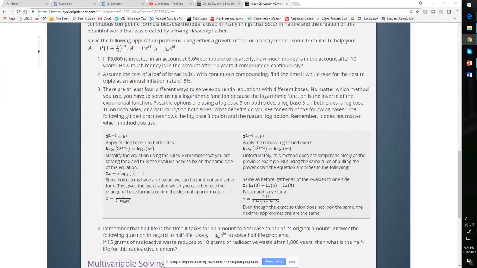For number 4, we figured out the half-life. That one took me a lot to figure out. Half-life is the time it takes for an amount to decrease by half of its original amount. If 15 grams of radioactive waste reduces to 10 grams after 1,000 years, what is the half-life of this radioactive element?